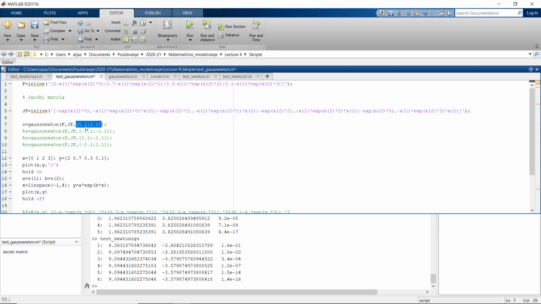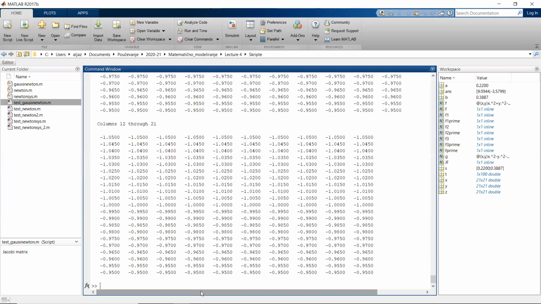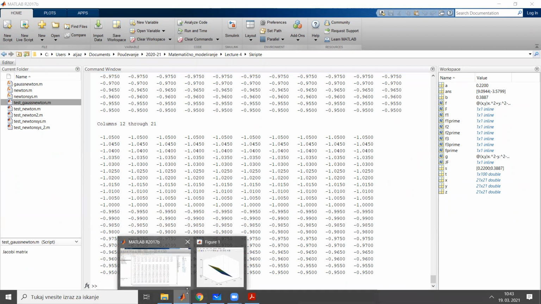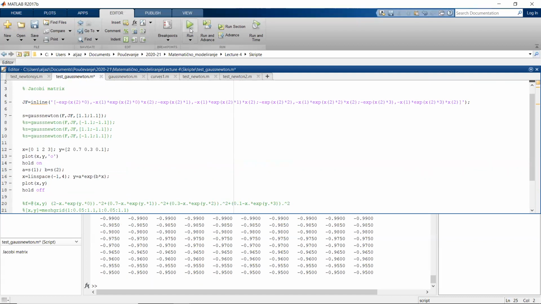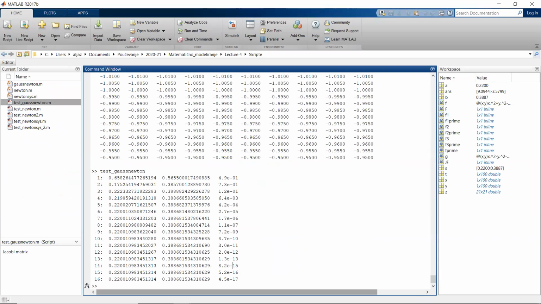A is 1.1 and B is 1.1, and I run it. Let me comment this out. I will explain what this surface represents later on. Okay, let's try again.